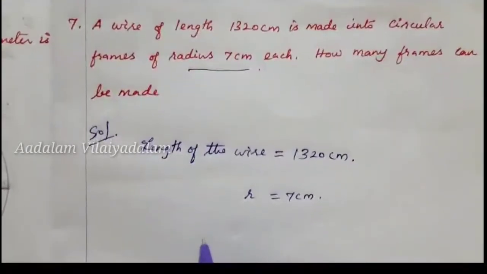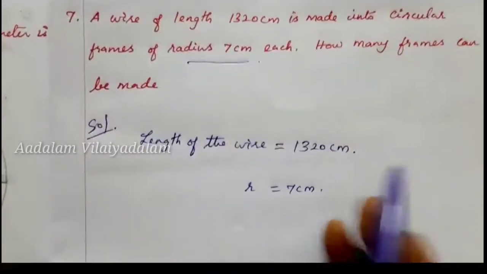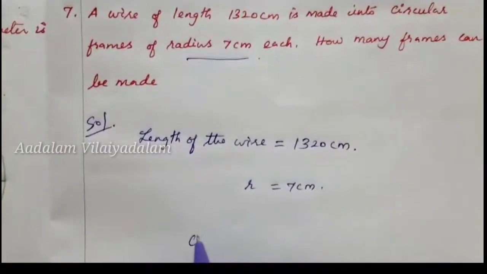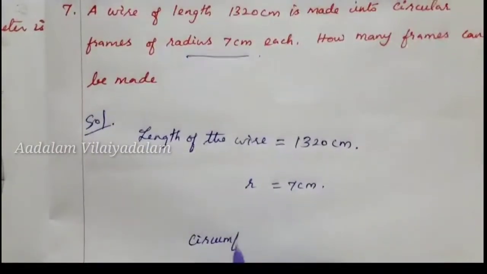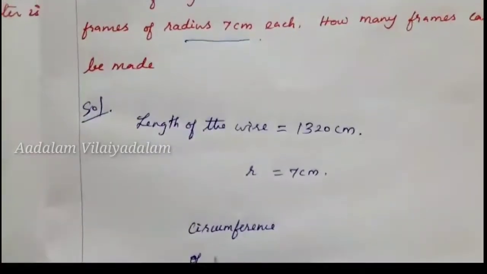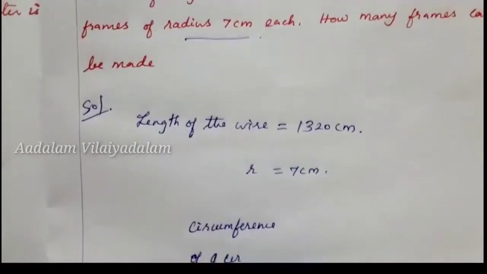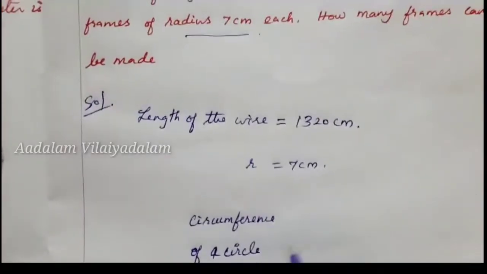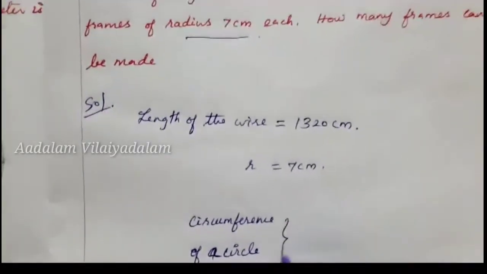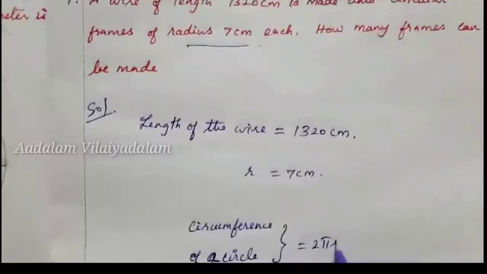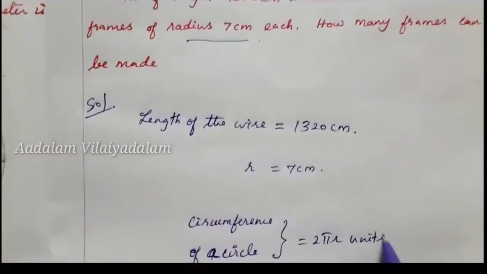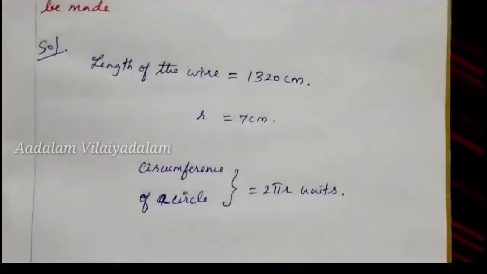So therefore, to find how many frames, let's find the circumference of one circle. That is 2 pi r units, because here they have given the r value.